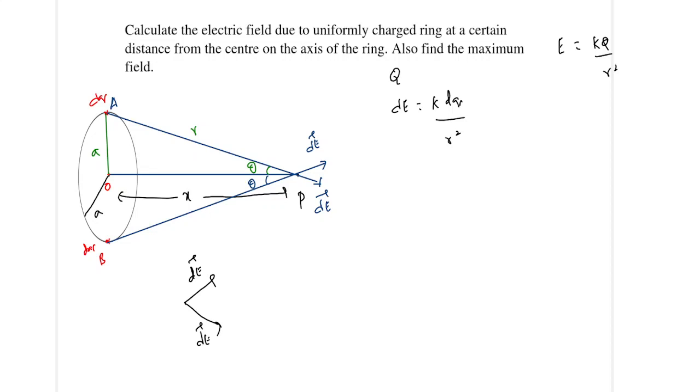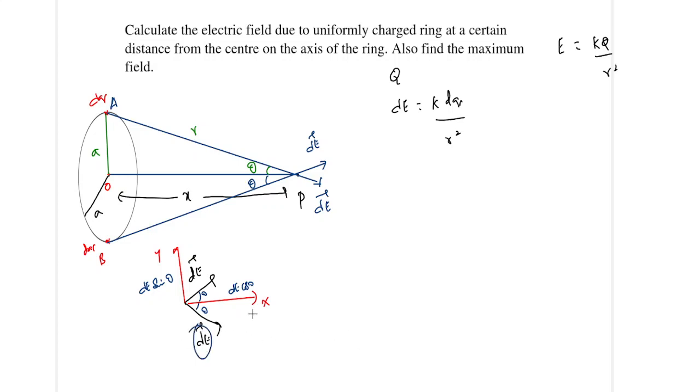To solve such problems, we will put axes here, like this. We'll call this the x-axis and this the y-axis. Since the angle made is theta here, this would also be theta. So the components of this would be dE cos theta along this direction, and dE sin theta in the positive y direction.